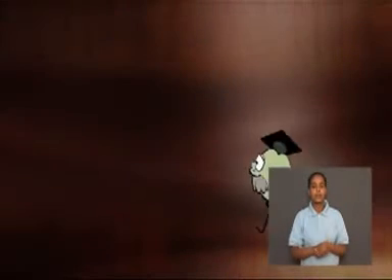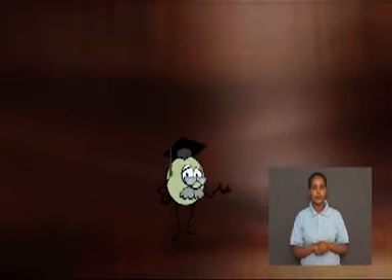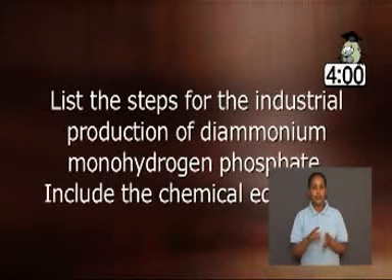On a piece of notebook paper, please list the steps for the industrial production of diammonium monohydrogen phosphate. Include the chemical equations to show the reactions that occur during the process. Students, let's get ready. Begin.